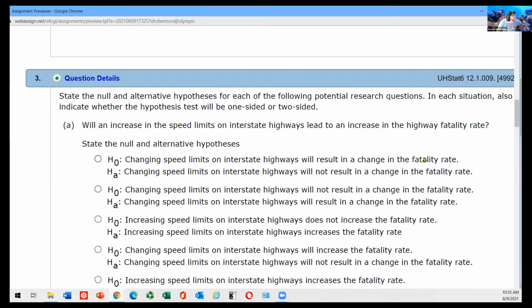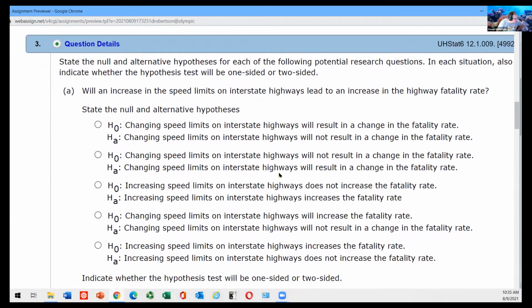So what would the null hypothesis be here? The null hypothesis is that nothing has changed. It's the same as it was before. What's the alternate? The alternate would be fatalities increase. So I'm looking for the combination that says that.